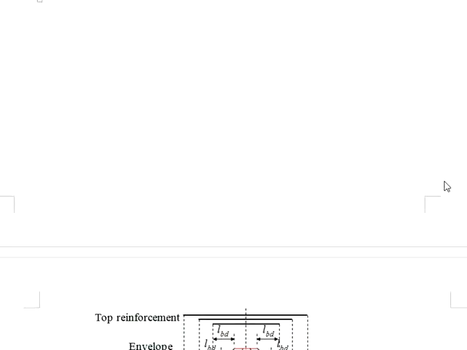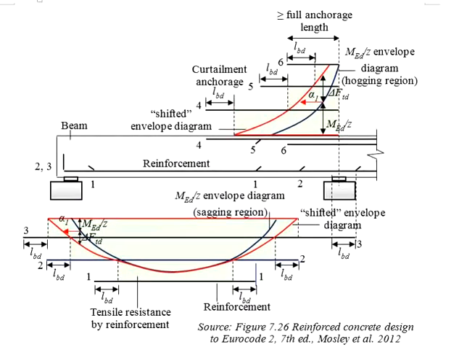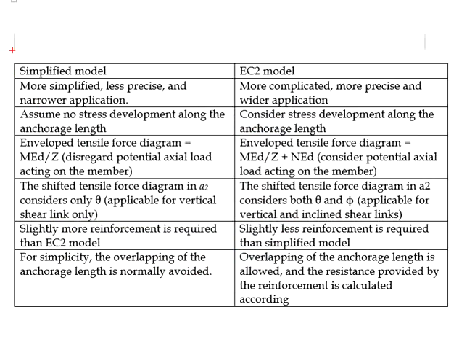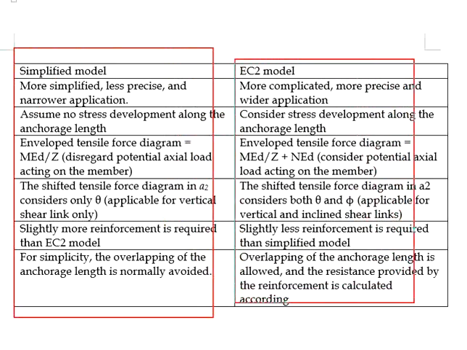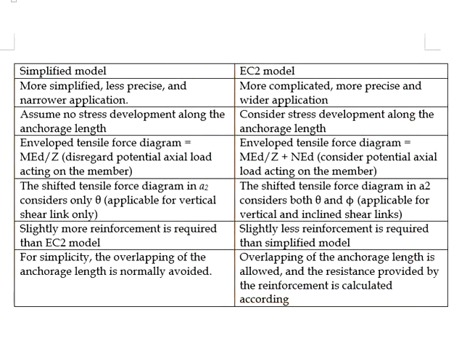Now let us talk about the differences between the two models. By knowing their differences, you will gain better understanding about the fundamental principles of doing curtailment of the reinforcement. The differences between the two models are summarized here.